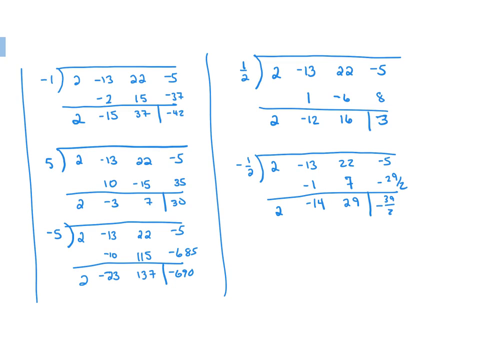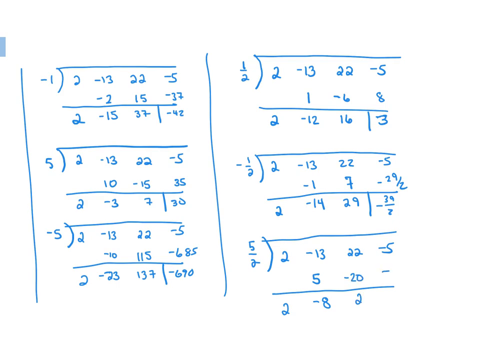Let's look at positive 5 halves. 2, negative 13, 22, negative 5. Bring down the 2. 5 halves times 2 is 5. This gives us negative 8. That's going to give us negative 20, which gives us positive 2, which gives us positive 5, which yields 0.